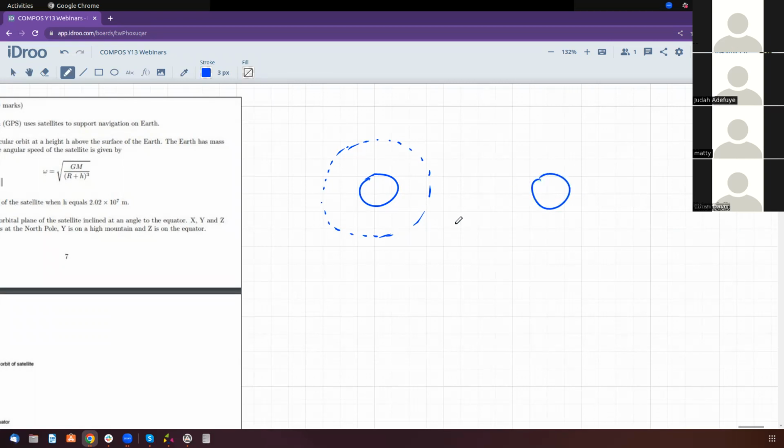who has seen the International Space Station in the sky? Just when you look up and you see it. Anyone? Say put a 1 or 0.